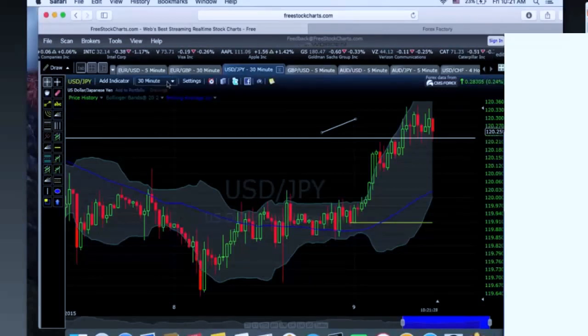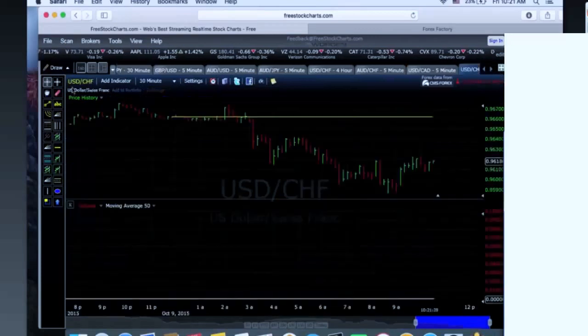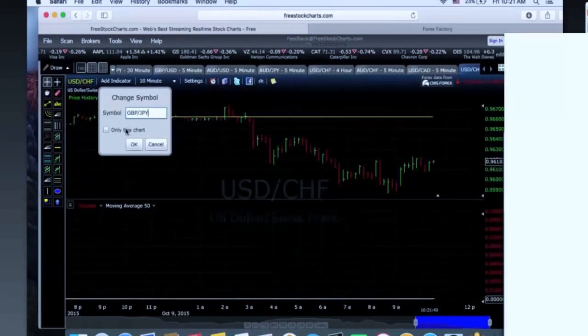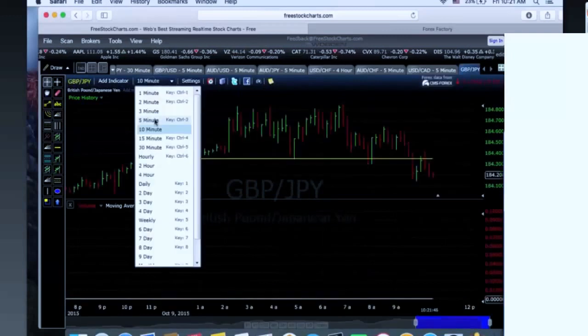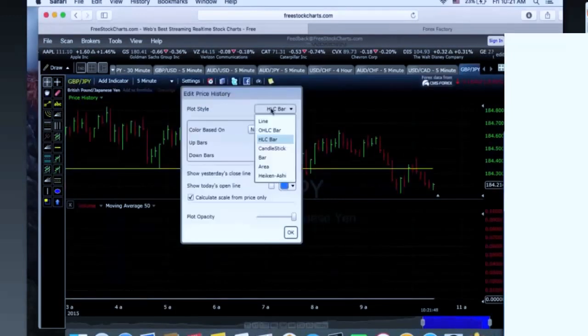Put them side by side and look at GBP JPY on a 30 minute and 1 hour. Again, the moving average is playing out there for a call on GBP JPY. If we can get about 150 as our SR, hold on one second.